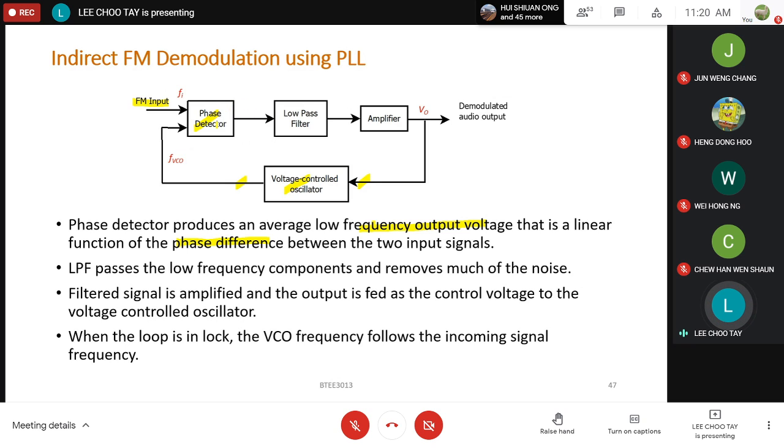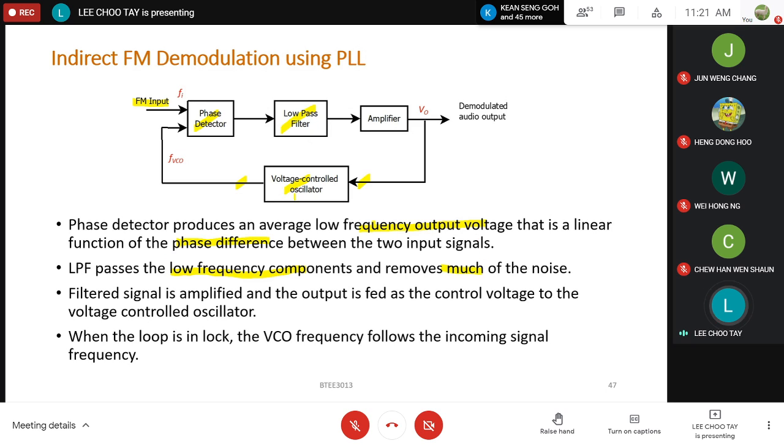Okay, so the difference between the phase angle of these two inputs of the phase detector will then be passed through a low pass filter. All right. So again, the function of a low pass filter here is to pass the low frequency component, which is our message, and at the same time, it also removes the out of band noise.